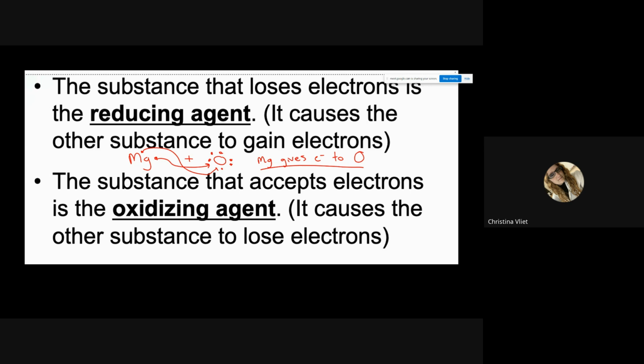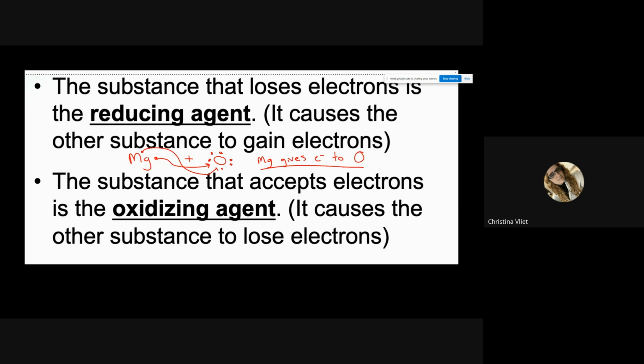Because of magnesium, oxygen is reduced. If it wasn't for magnesium, oxygen could not be reduced. So that's why we call magnesium, in the example I used, the reducing agent. And there's going to be an easy way to memorize this as long as you know what oxidation and reduction is.